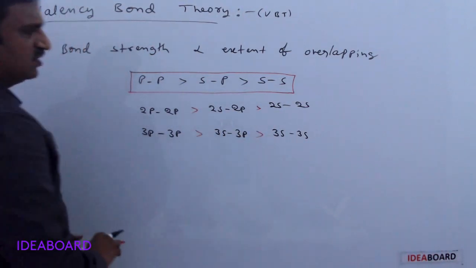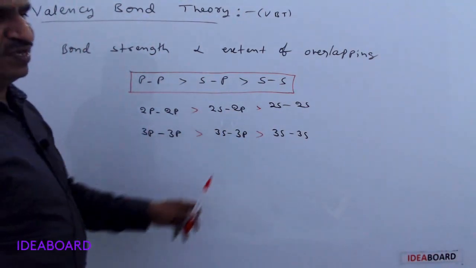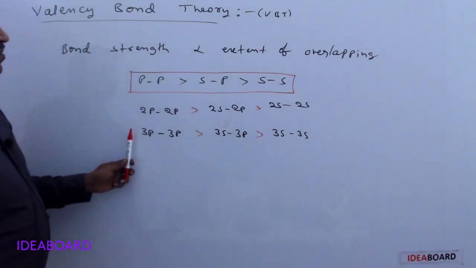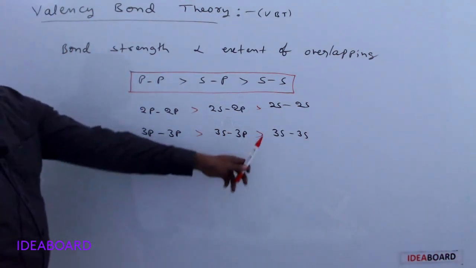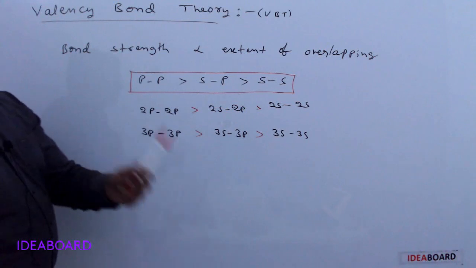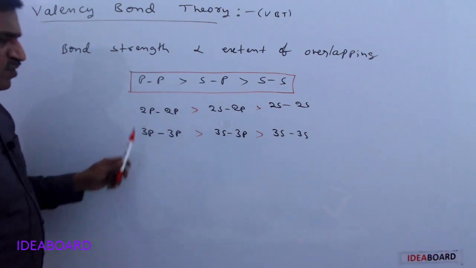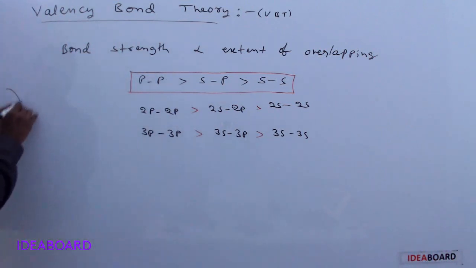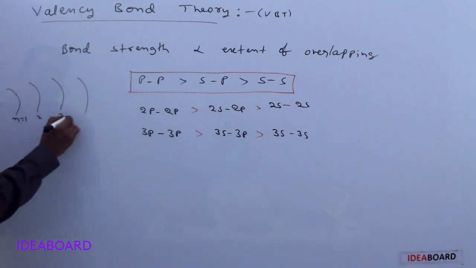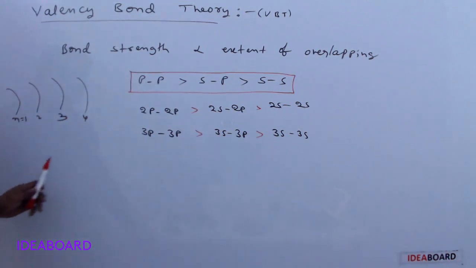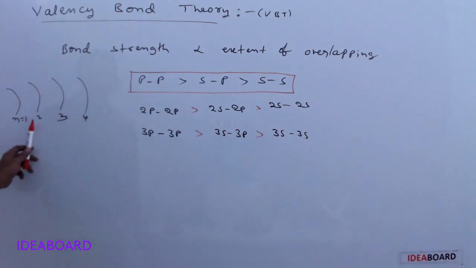Okay, so this is the strength of overlapping, and here the principal quantum number value is the same. Principal quantum number we will see in the atomic structure chapter, or we can simply say number of shells. This is 1, 2, 3, 4; this is the n value.